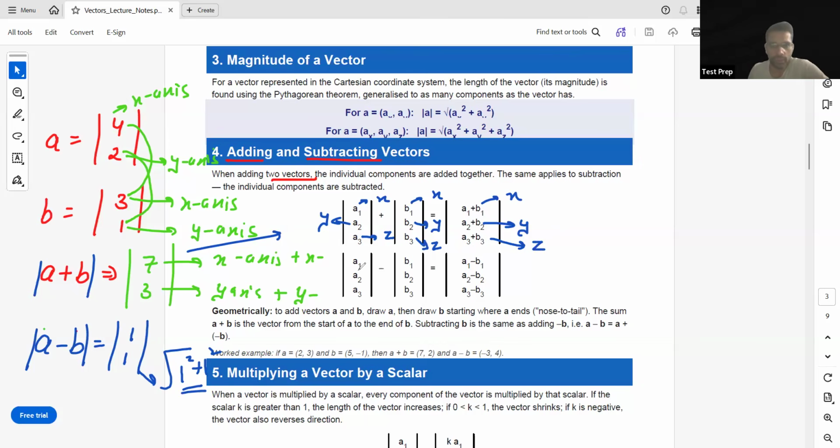Same in case of subtraction: A1 minus B1, A2 minus B2 and A3 minus B3. This one is x-axis, this is y, and this one is z-axis. Now geometrically, to add vectors A and B, draw A, then draw B starting from the end of A. For example, A is given as 2 by 3.